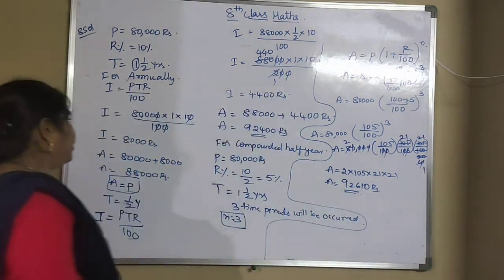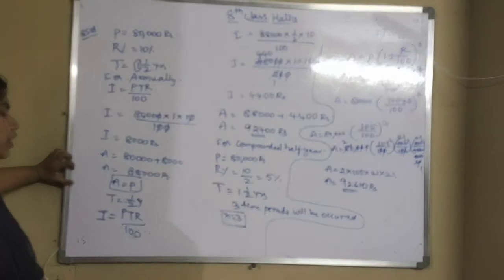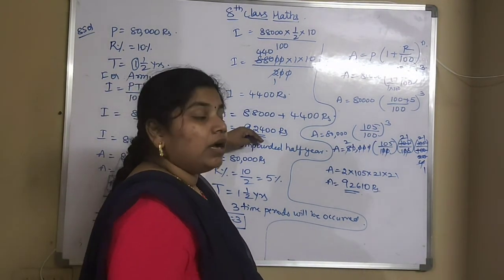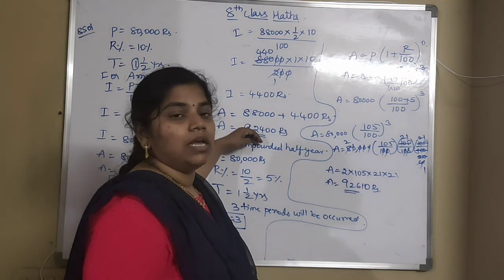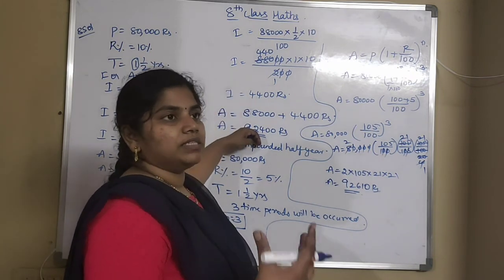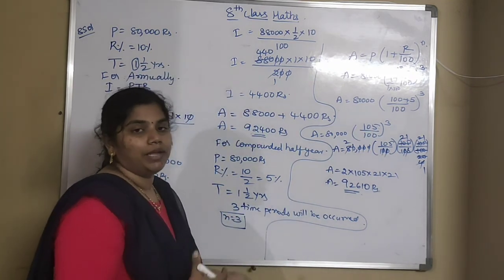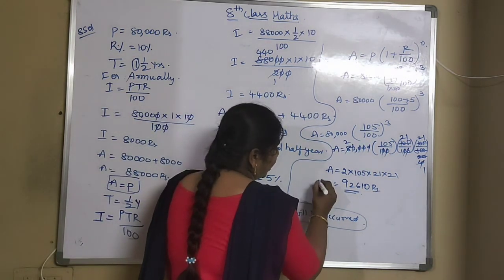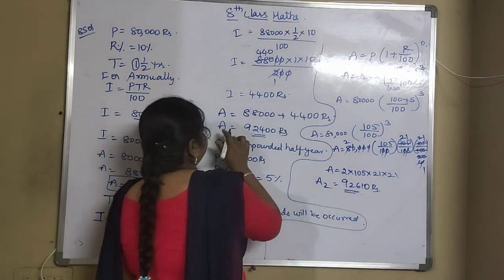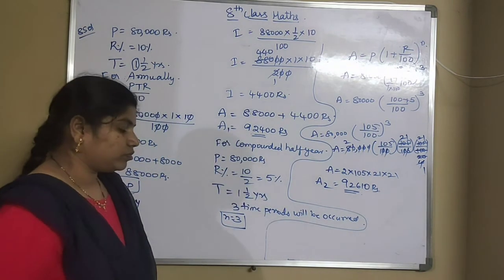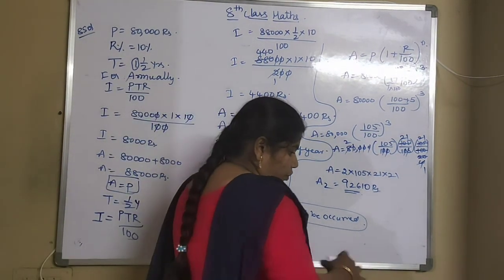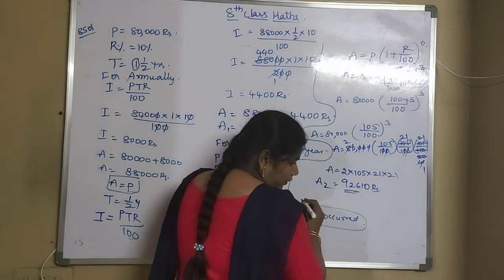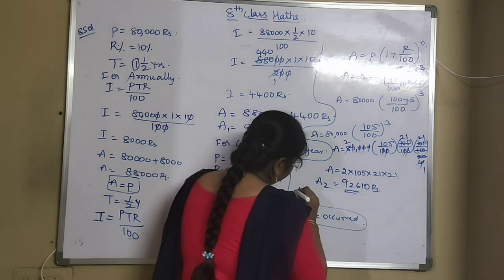If you calculate for compounded annually, you got the amount as 92,400. And they asked in the question to find the difference between compounded annually and half yearly. So what will be the difference here? I am taking this as A2 and this one I am taking as A1. Okay, so we have to subtract, the difference between the amounts.